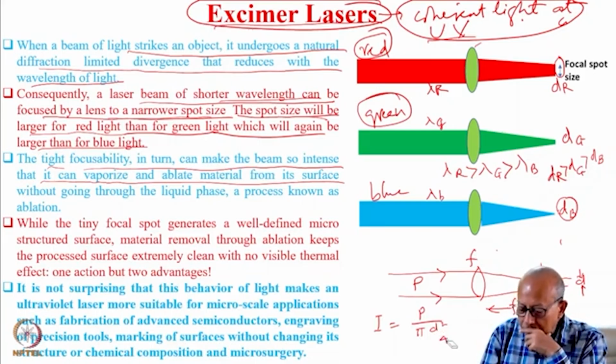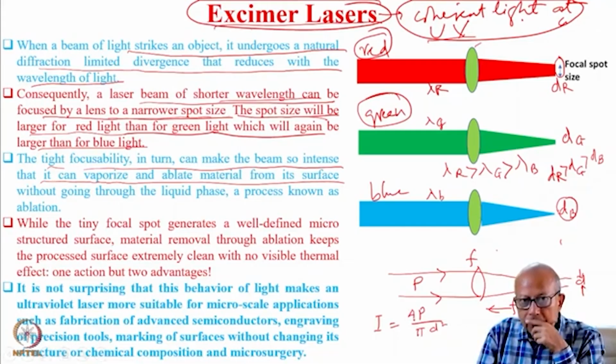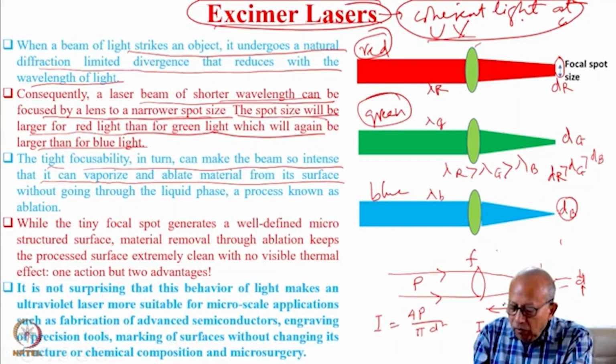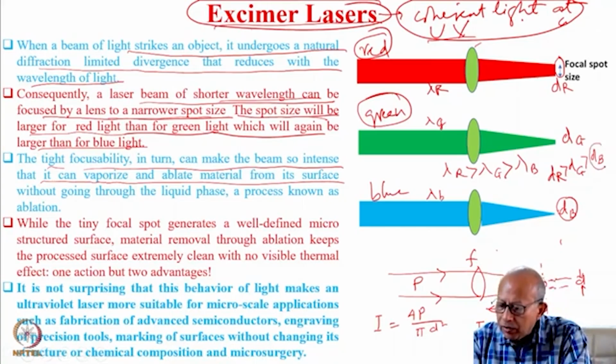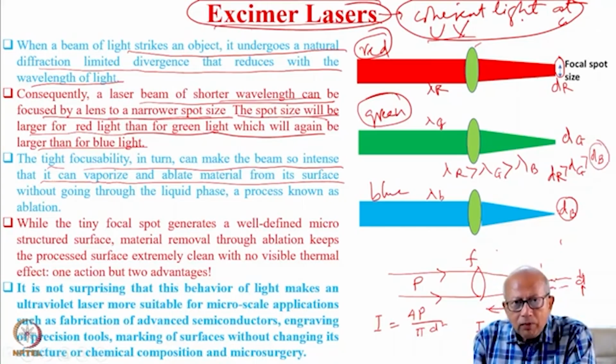So it essentially becomes 4P by pi D square. Then intensity is inversely proportional to the square of the focal spot diameter. So the shorter the diameter, the more the intensity.